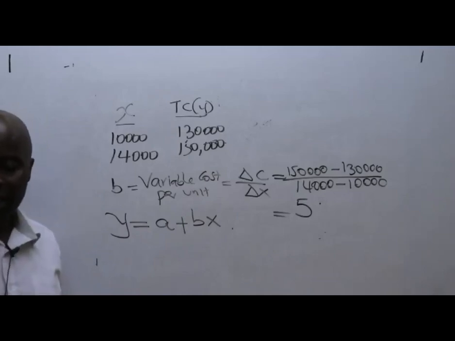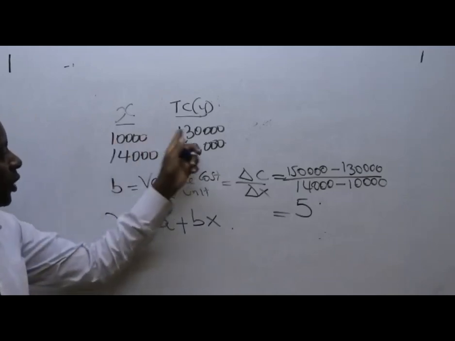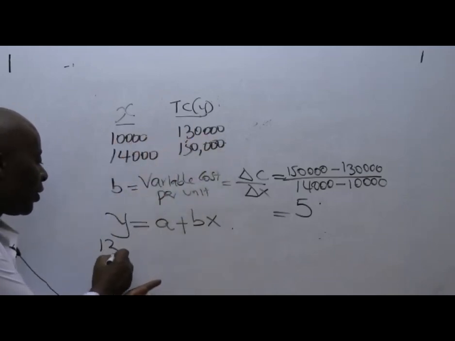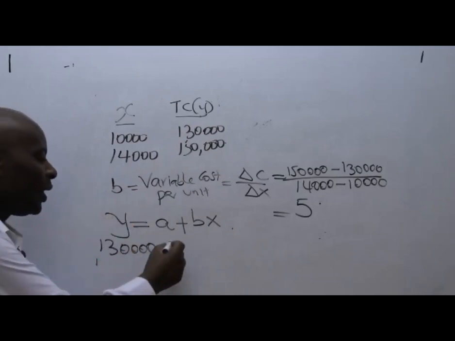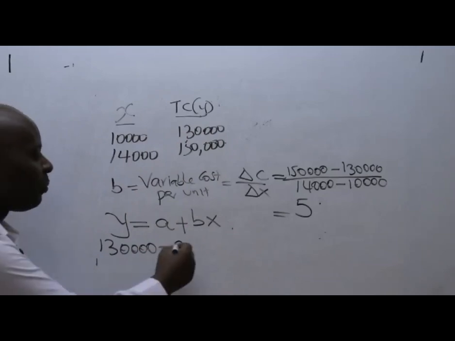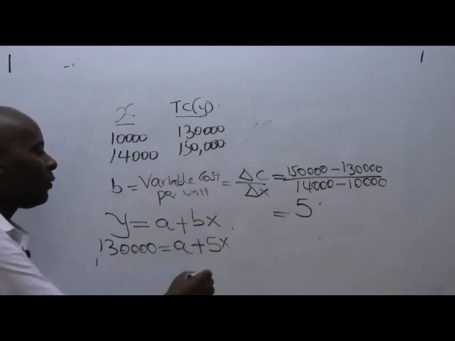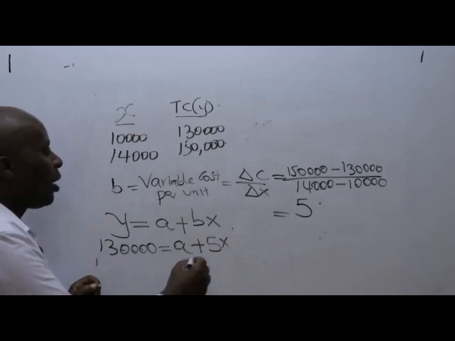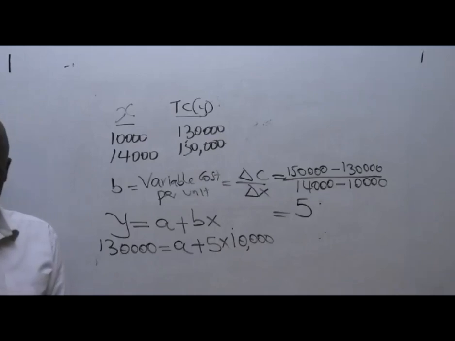You pick any of the two points. For the first one, my y here is 130,000, which will be equal to A, the fixed cost that I want, plus B that you have just obtained, which is 5, times X for the first point, which happens to be 10,000. So could you kindly give us A? A will be equal to what?